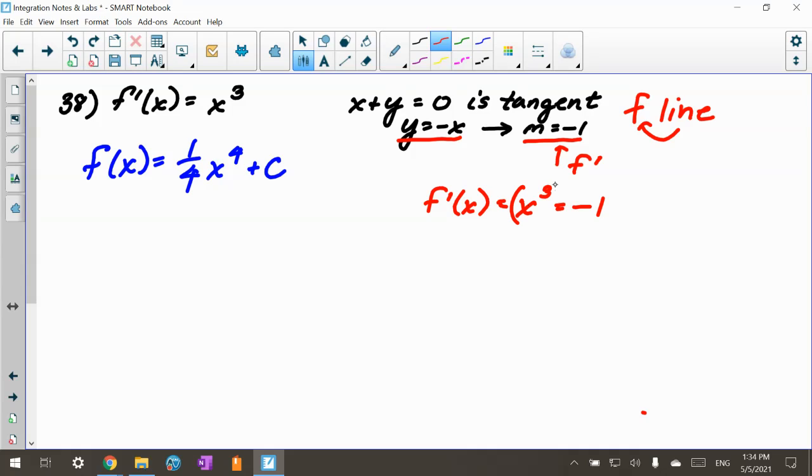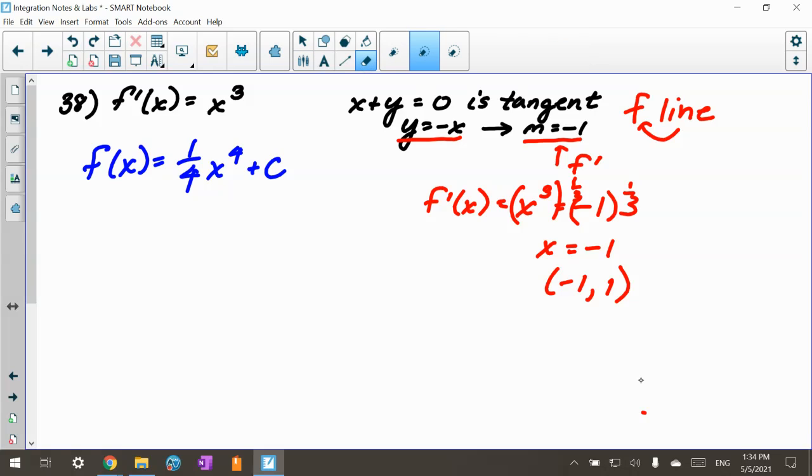If I raise this to the 1/3 and this to 1/3, I see that my x is -1, okay? If I plug -1 back into my f of x, I'm going to get a 1. So (-1, 1) is actually on the graph.